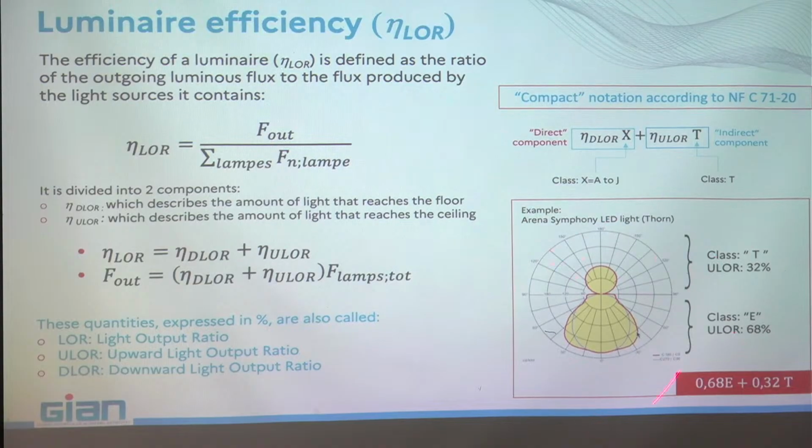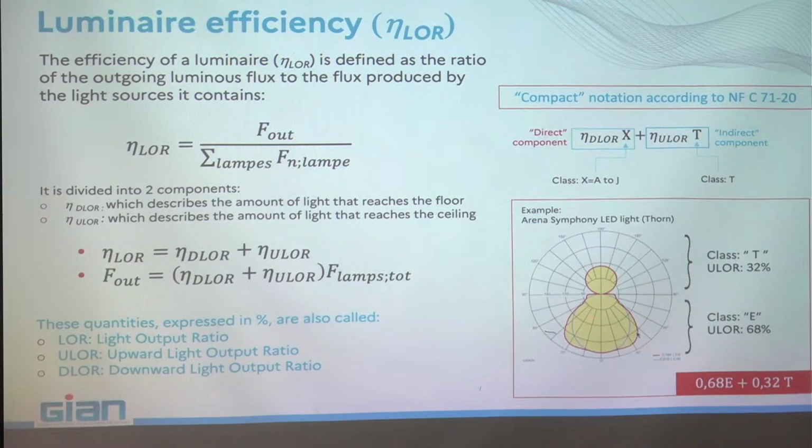I can say this one, for example, is a class T. Yeah, I see that. It has an upward light component, and 32% of the light goes up. And this curve here corresponds to a class E luminaire, and 68% of the flux goes above.